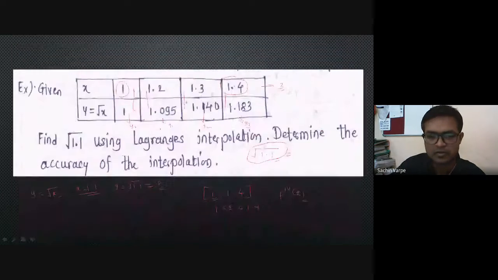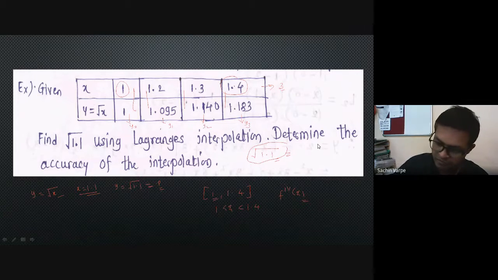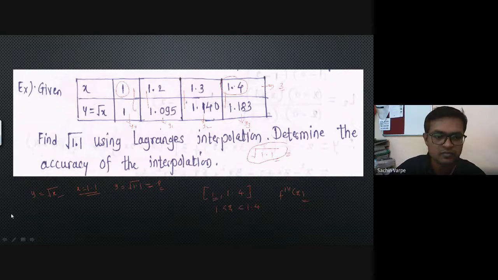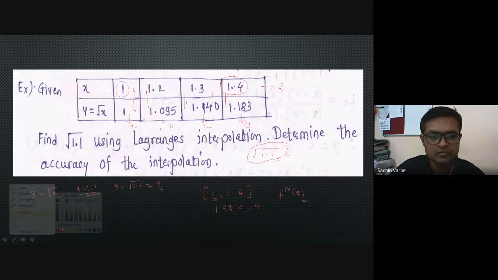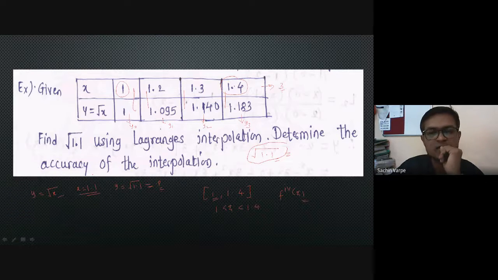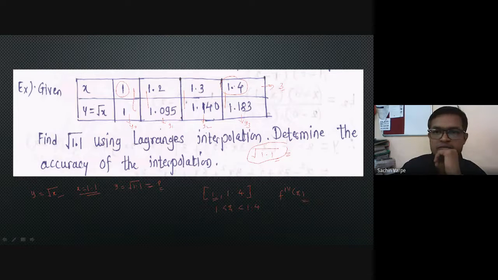First of all, here we have been asked to find the square root of 1.1 using Lagrange's interpolation. Okay, so let me show you. Let me clear the screen first of all.